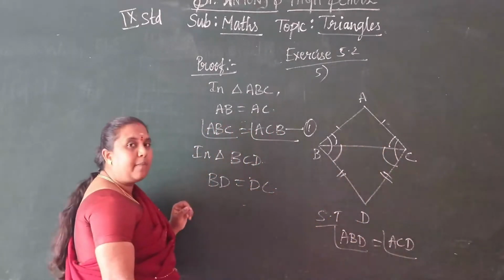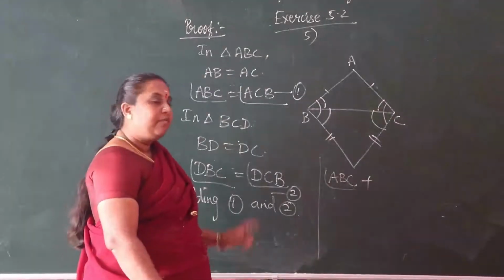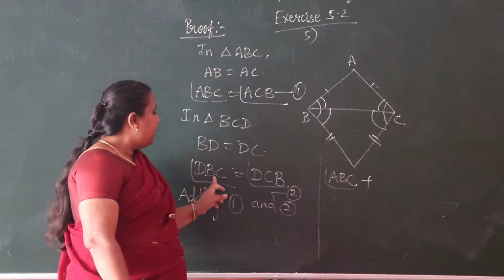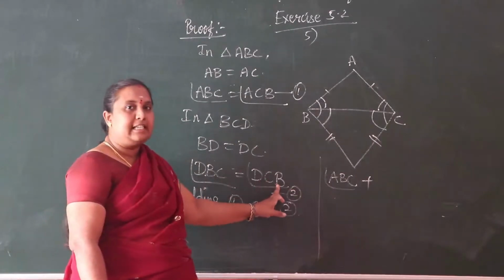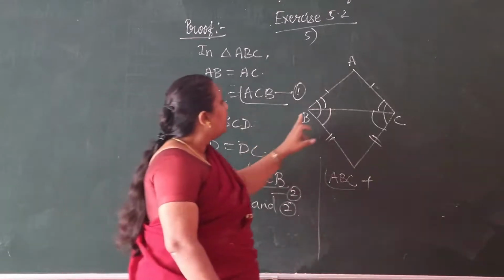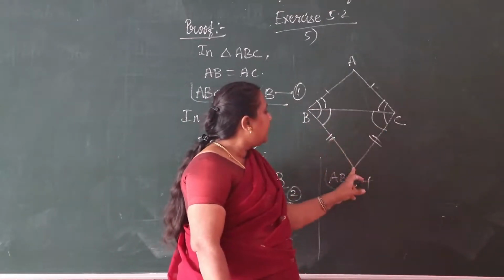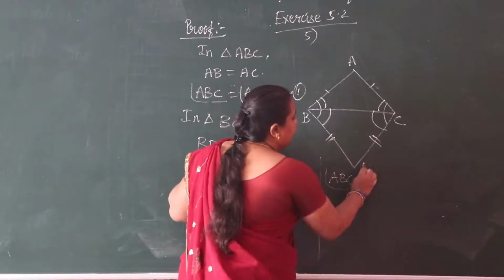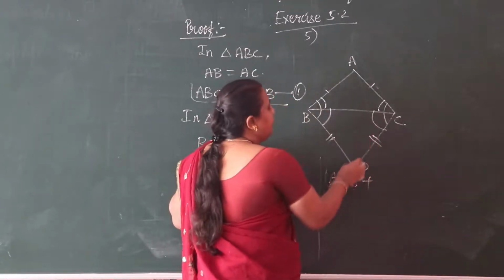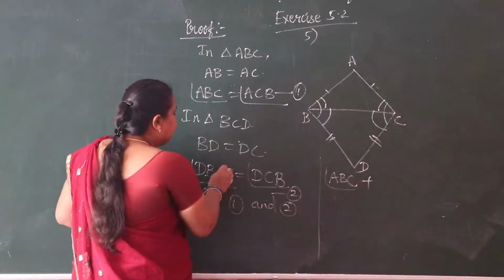Because angles opposite to equal sides are equal. Therefore angle DBC equals angle DCB.